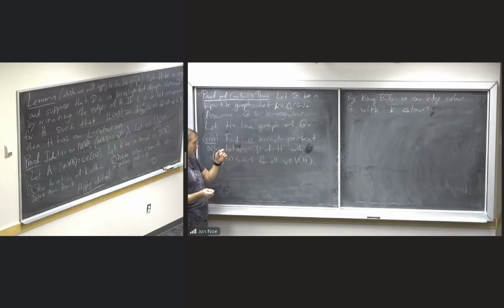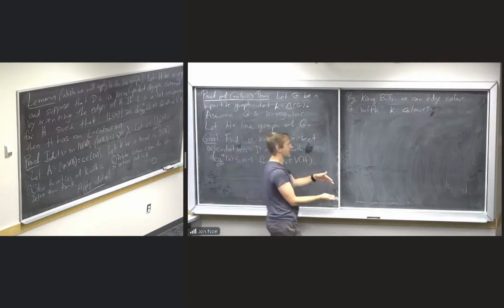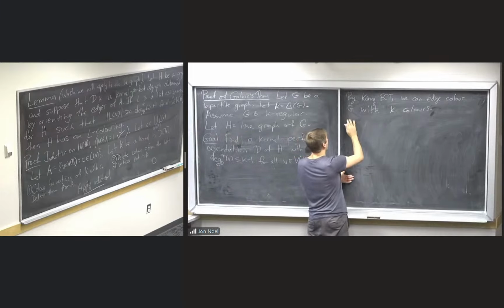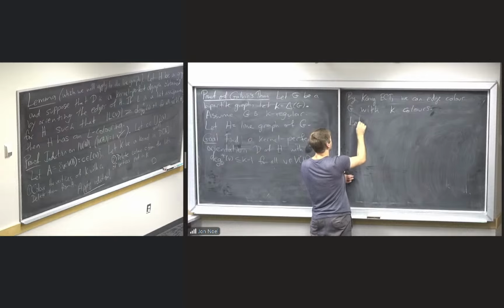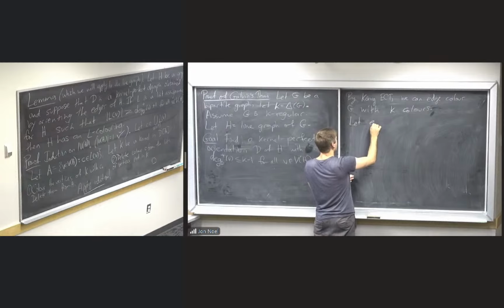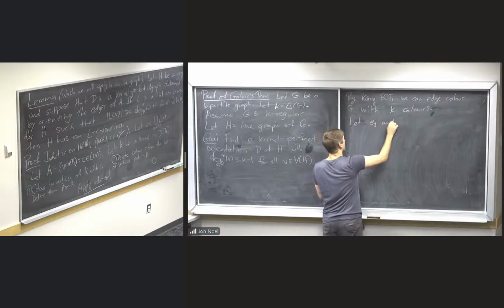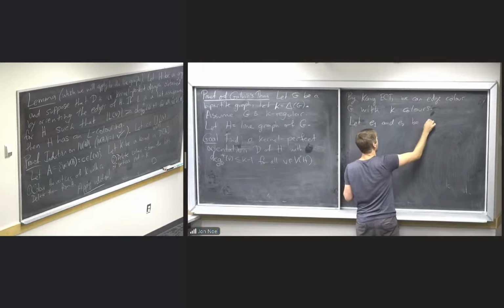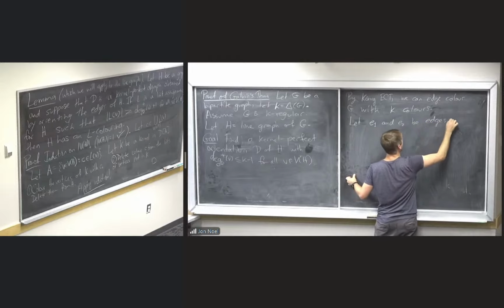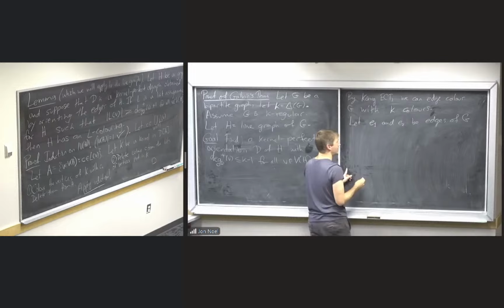They correspond to two edges of G that share an endpoint either on the left side of the bipartite graph or the right side. So let's say E1 and E2 are edges of G corresponding to adjacent vertices of H.